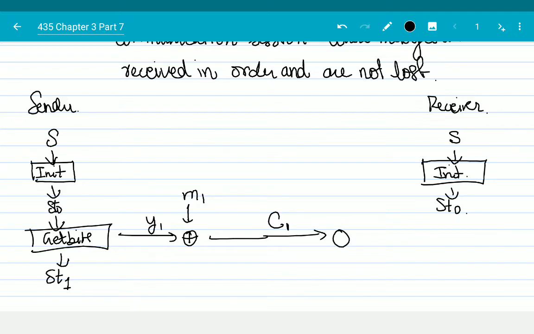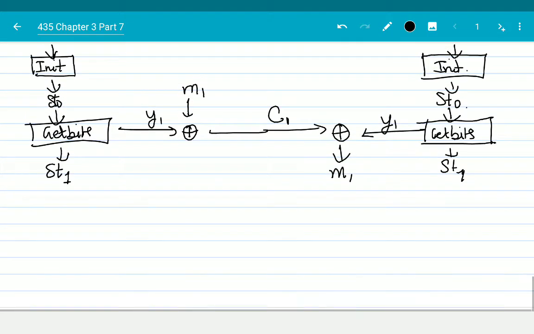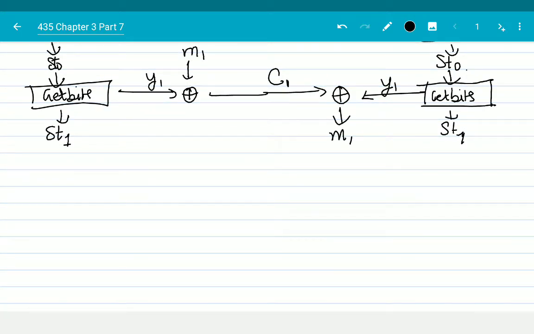Well, if the receiver also has the same exact setup, get bits, st1, then they are also going to have the exact same y coming from their stream cipher, right? And by XORing with C1, they get the message M1 that was sent. Easy peasy, easy to understand, okay?